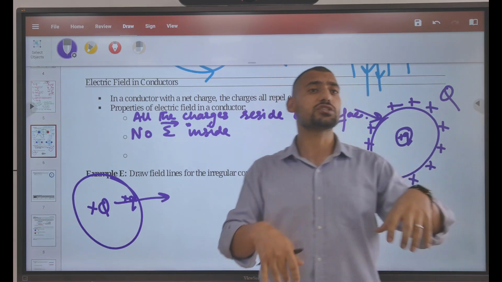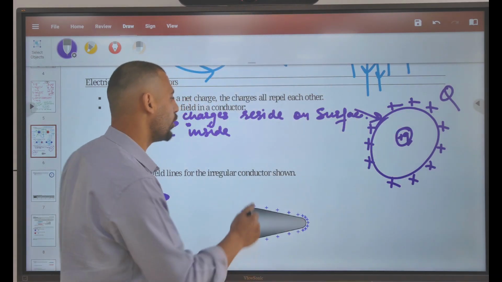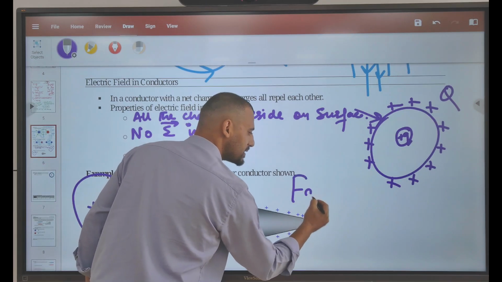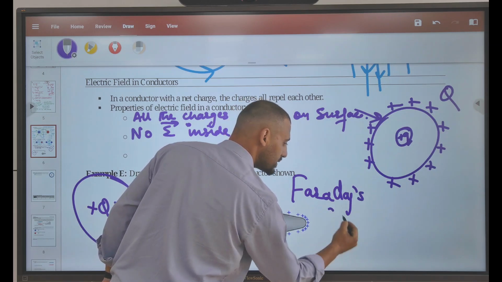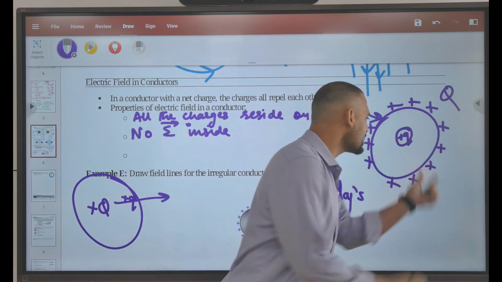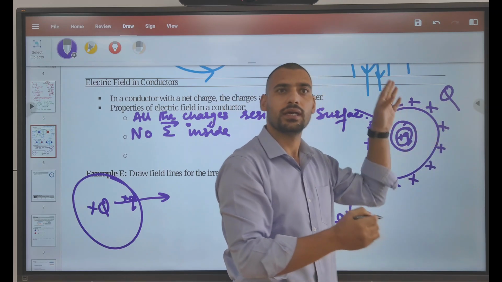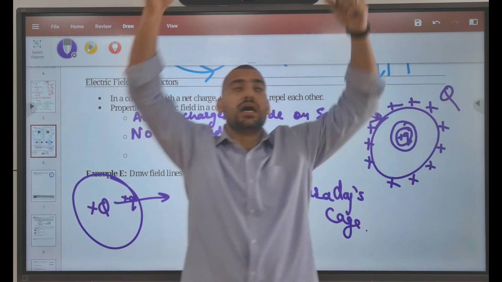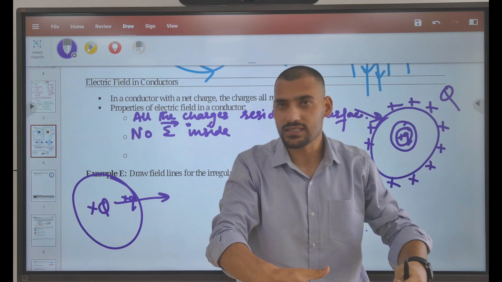There was a scientist by the name Faraday. He introduced the concept of Faraday's cage. For example, this is the person inside the car, okay? Now what happens is, a lot of charge from the cloud comes to the surface, isn't it?